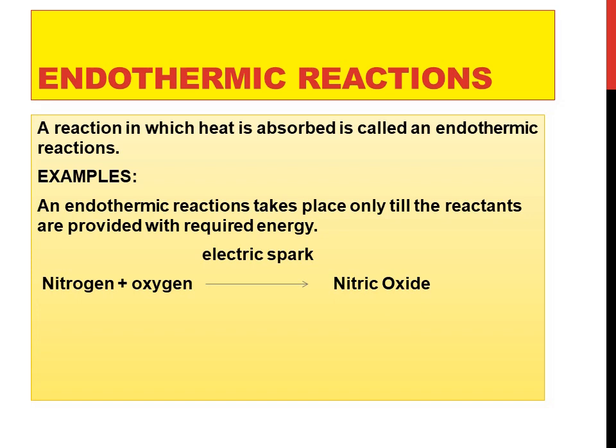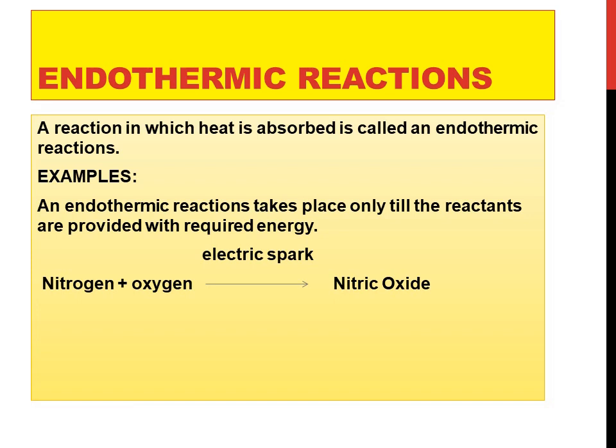An endothermic reaction takes place only till the reactants are provided with the required energy. Until and unless we have that much energy to initiate the reaction, the reaction is not going to begin. There should be a sufficient amount of energy for any reaction to occur.